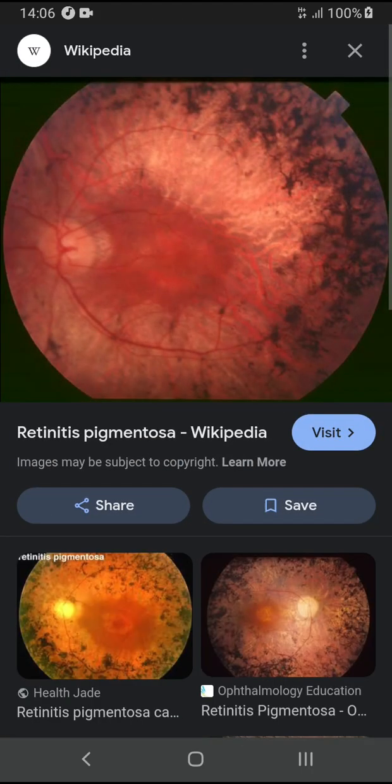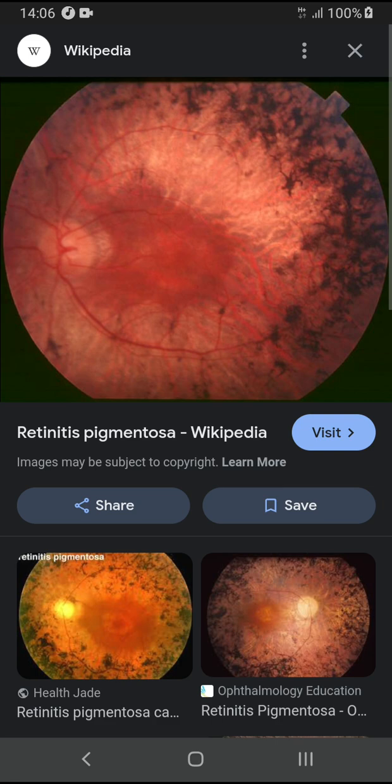This is a fundoscopy, and you can see the hyperpigmentation in the peripheral area, which is a sign of the death of the rods, and the waste products are the hyperpigmentation you can see, and this is part of the diagnosis. Fundoscopy with these mesh-like, trabecular bone-like hyperpigmented signs is one of the characteristic signs of retinitis pigmentosa.